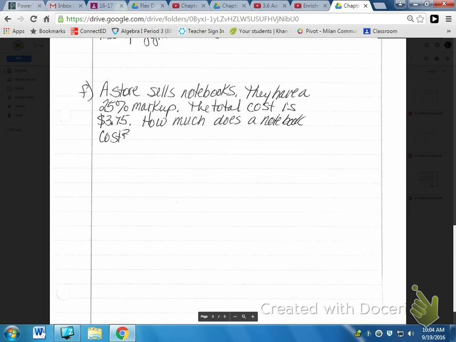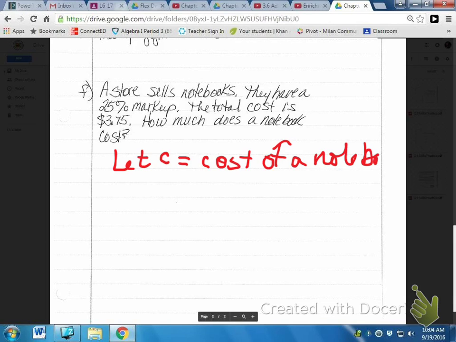So what I'm going to do is I'm going to let C equal the cost of a notebook. That's defining it. I know that in all it equals $375, but we need to talk about this markup a little bit.